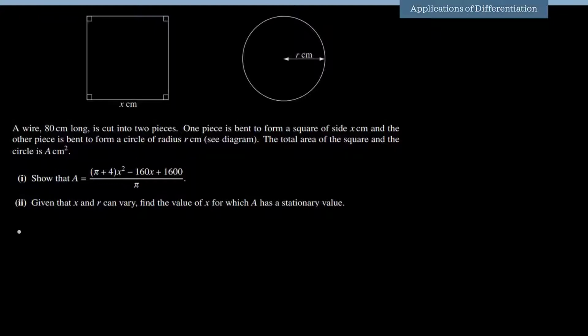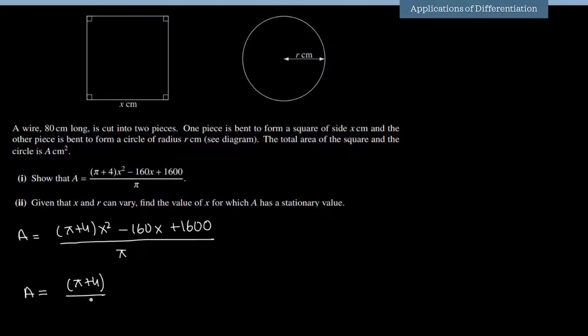The equation is area is equal to (pi plus 4) x squared minus 160x plus 1600, divided by pi. Now before differentiating this, I can rewrite this in a simpler form by writing this as (pi plus 4) divided by pi x square minus 160 upon pi x and plus 1600 divided by pi.